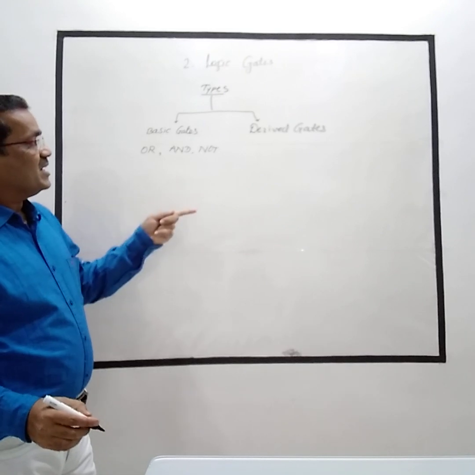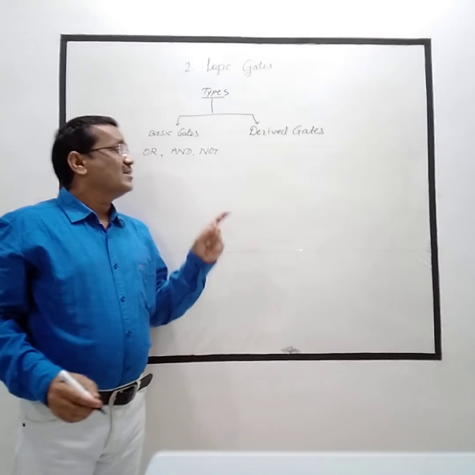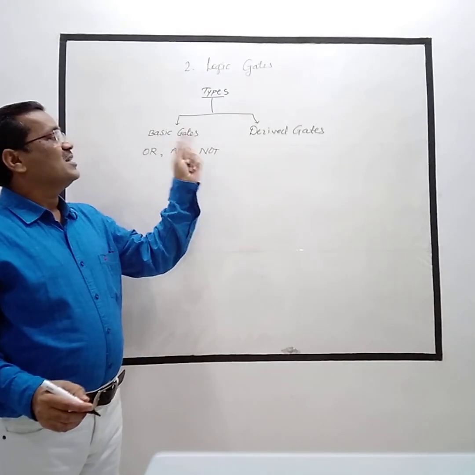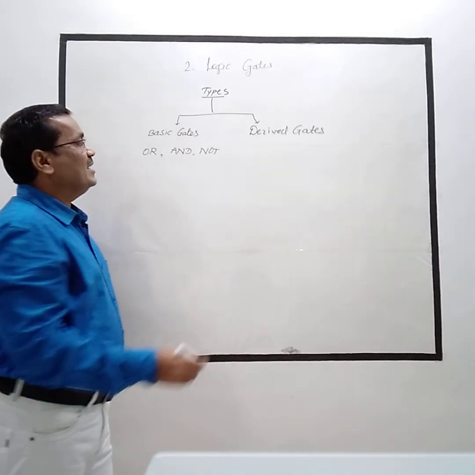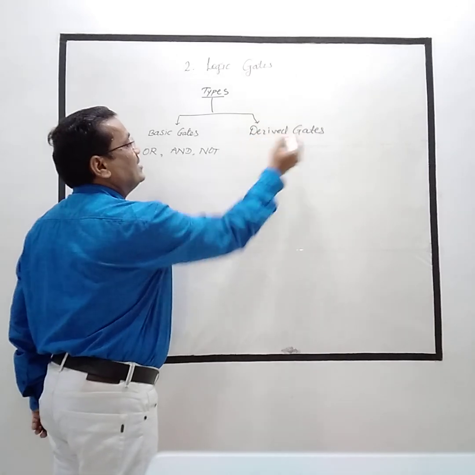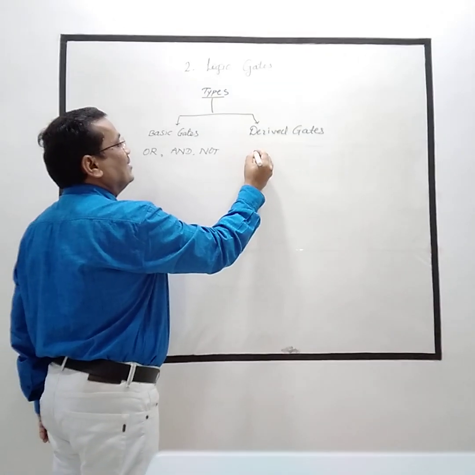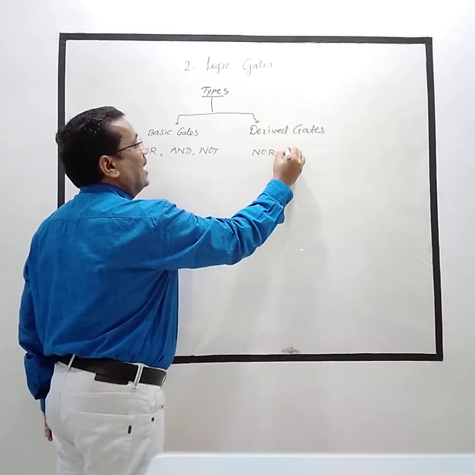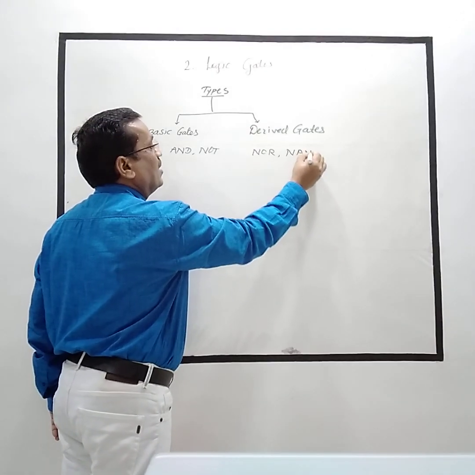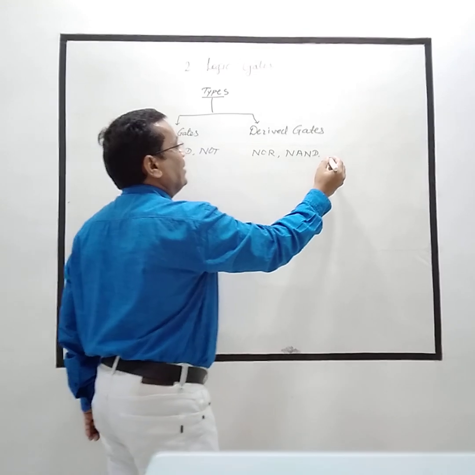And what are the derived gates? The derived gates are the gates which can be constructed by using the basic gates, and those gates are called derived gates. Naming NOR gate, NAND gate, XOR gate.